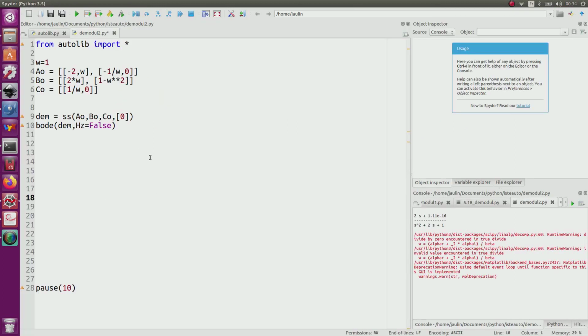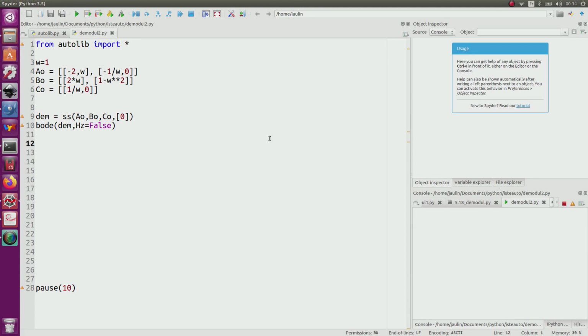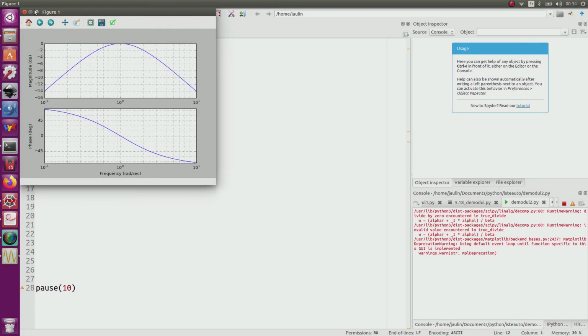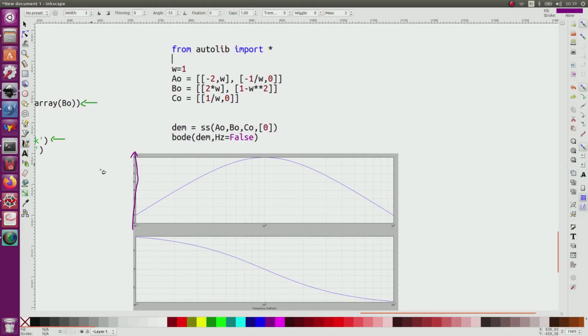I switch to Python. Here I run this program. So here it is the gain with respect to the pulsation omega, and here it is the phase change.